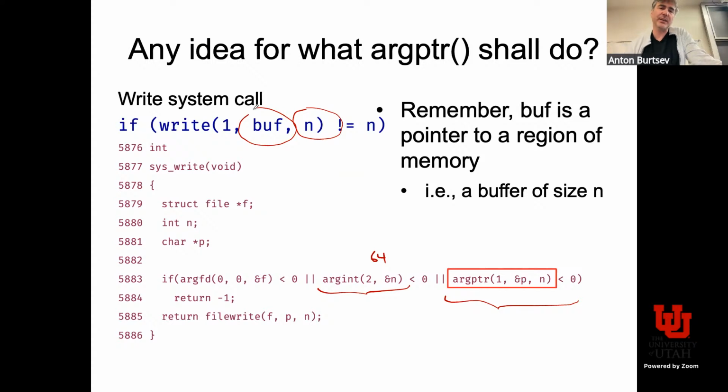Correct. So essentially here, we take an additional argument n, we fetched n here, and we say, look, if we want to fetch a pointer to an object from user address space, we have to provide a size of this object, and we'll check that the object is entirely contained within the user address space. Agree? So similar to an integer, but an integer is a fixed size, so 8 bytes, and the buffer can be variable size.